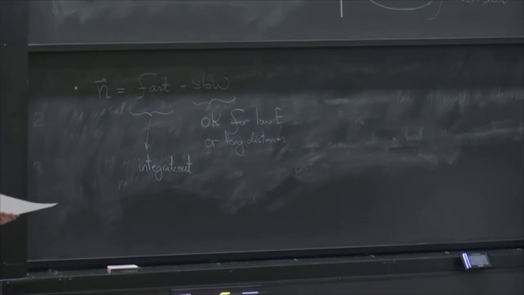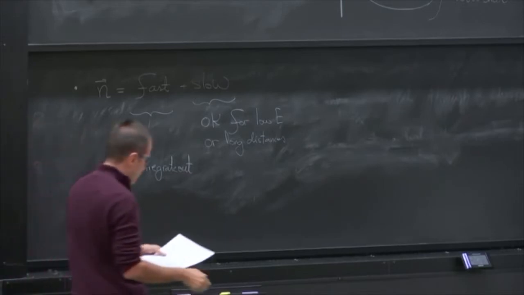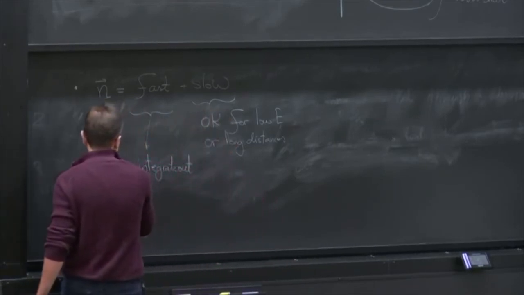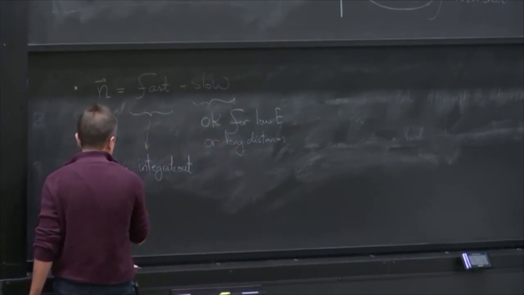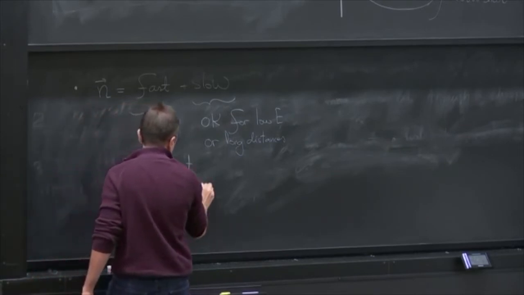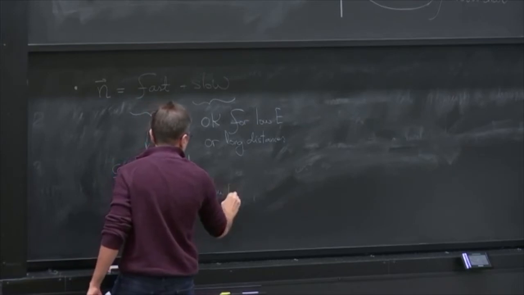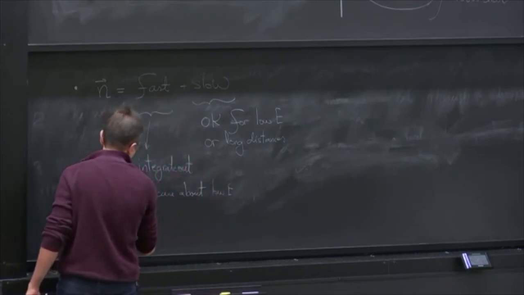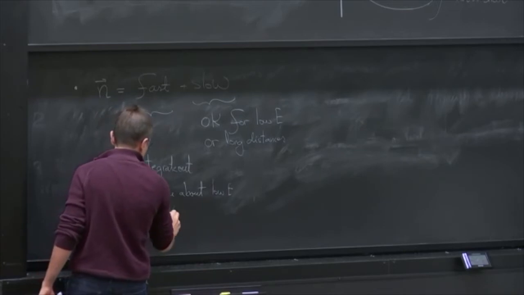The result is the result, and it's the same whether I integrate out super high frequency or not. But if I ask questions about the UV, what happens when I bring them very close? Then if I bring them too close, I need the full theory. I cannot just ignore the fast modes. So these ones we can integrate out if we care about low energy or long distance questions.